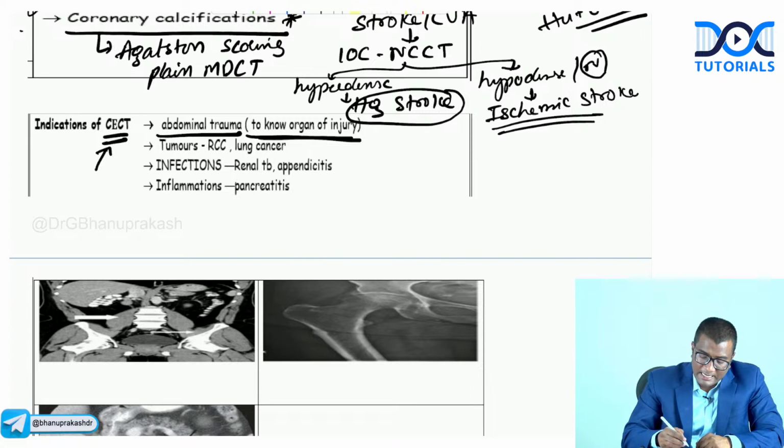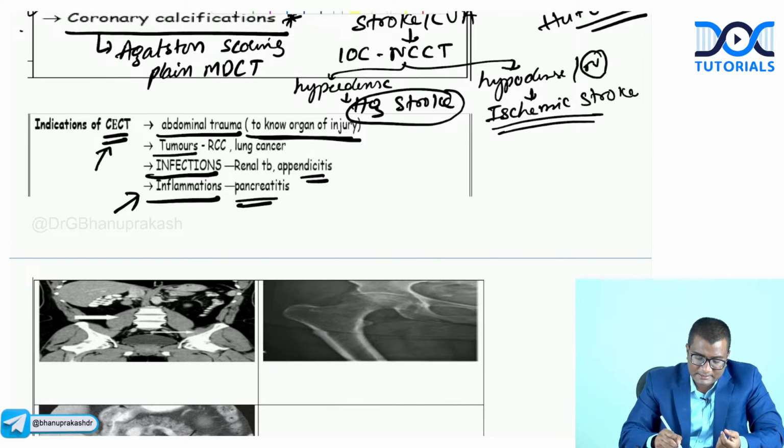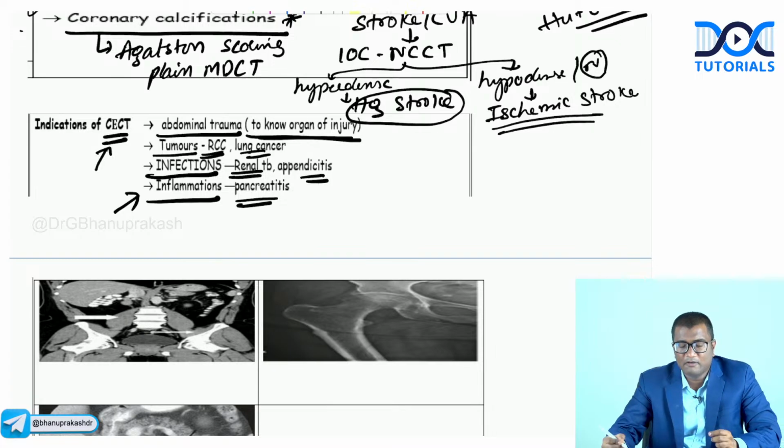And to look at vascular lesions like tumors, infections, inflammations, whichever have a lot of vasodilation, for example inflamed areas like pancreatitis, appendicitis, infected areas like tuberculosis, and even tumors like RCC and lung cancers, we go for contrast CT. The contrast will go more into these areas because of the vasodilation.